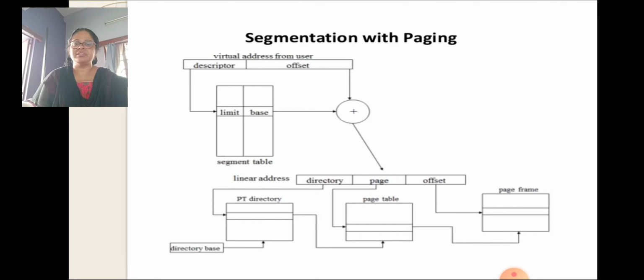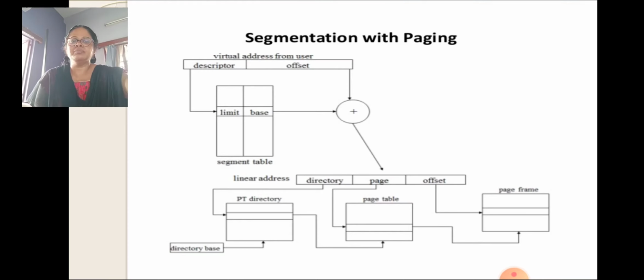Look at this diagram carefully. There is a limit and base register, which was explained earlier. Then there is a descriptor and offset. As I have explained, the logical address is divided into two parts: one is the descriptor and another is the offset.